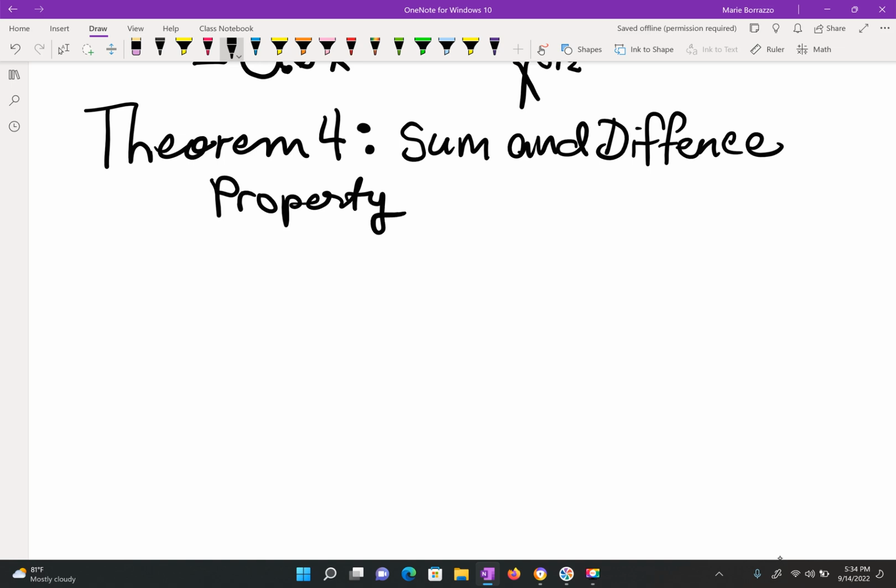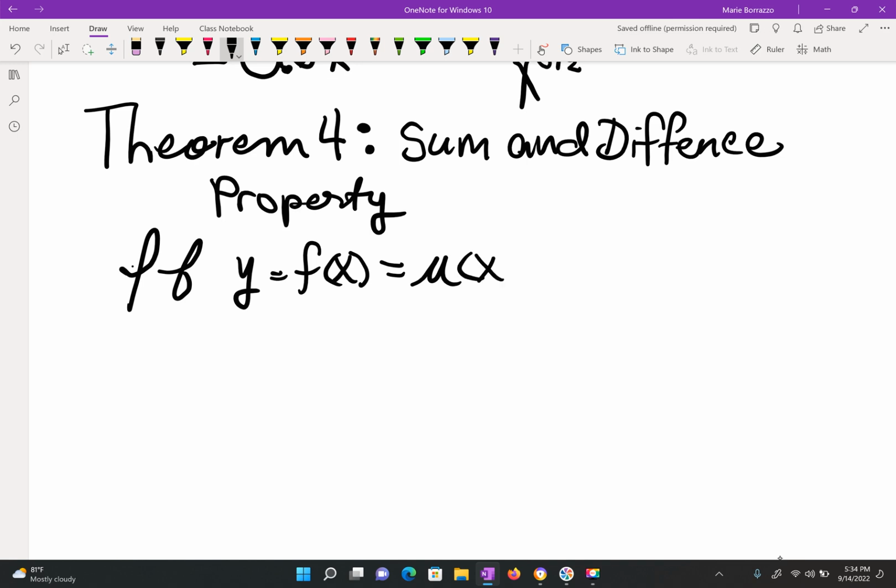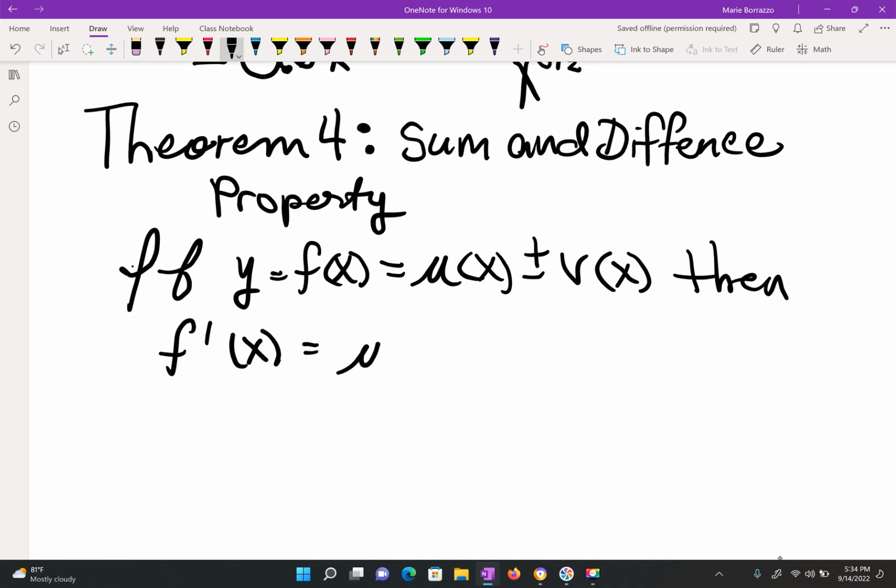And so we have, if y is equal to f of x, which is equal to u of x plus or minus v of x, then the first derivative is equal to u prime of x plus or minus the first derivative of v of x.